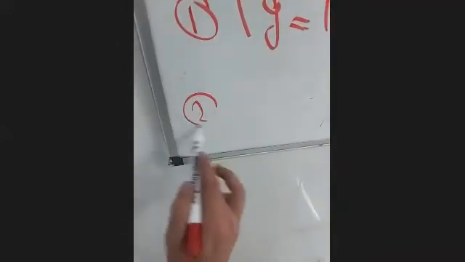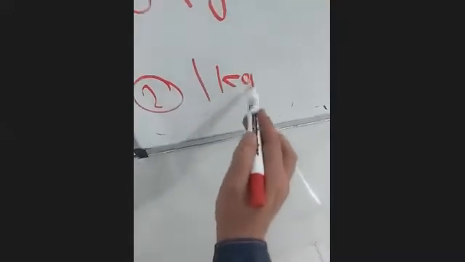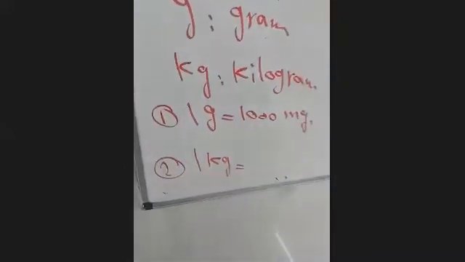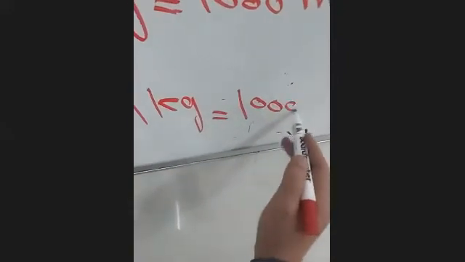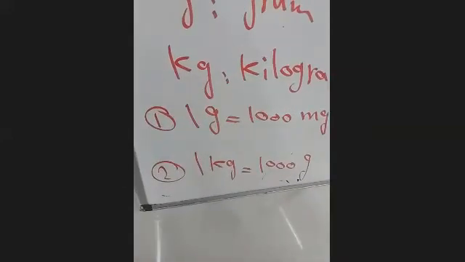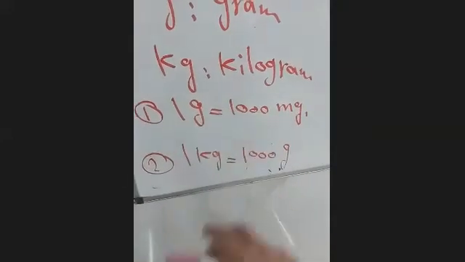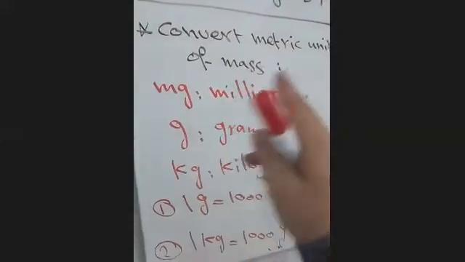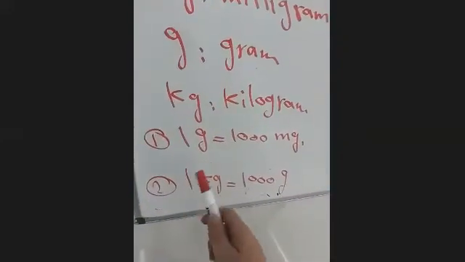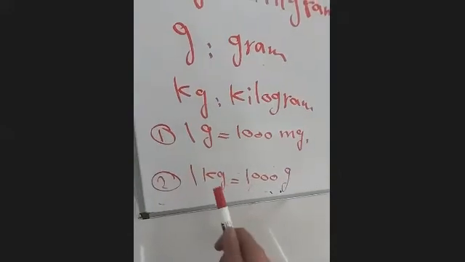Relation 2 is each 1 kilogram equals 1,000 gram. So these are the 2 relations we need to know about the metric units of mass.